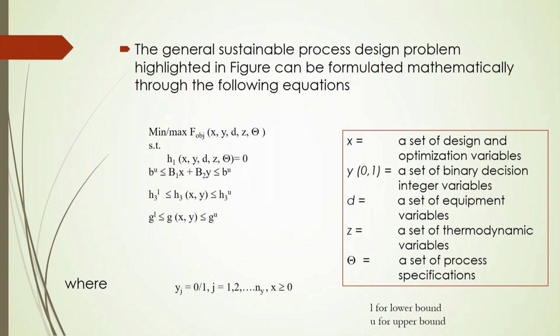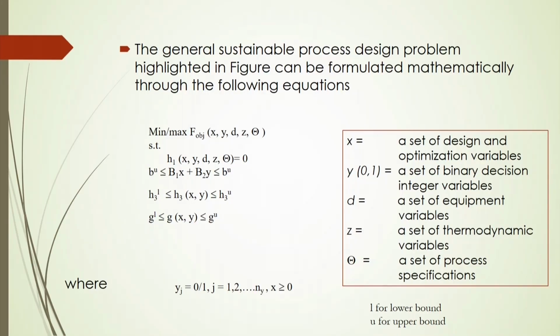In this case, in the equation given here, 1 to 5, f objective is a function of x, y, d, z, and theta, subject to h1 as a function of x, y, d, z, and theta equal to 0.